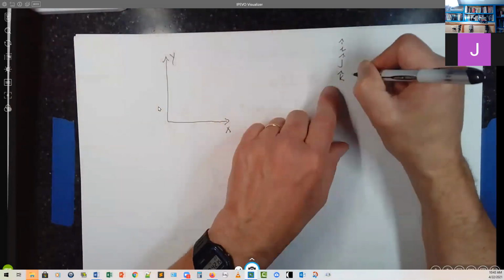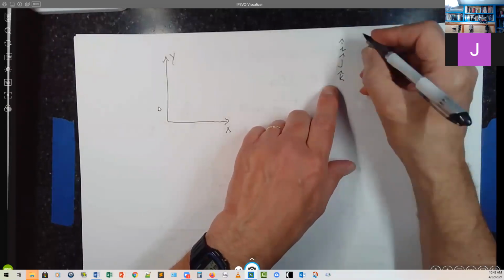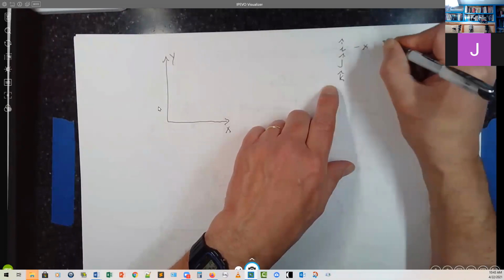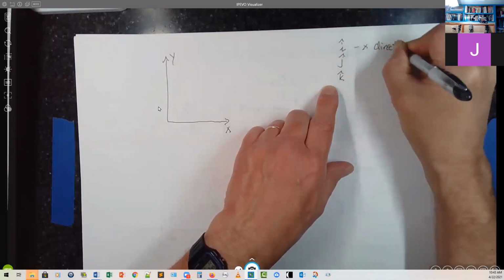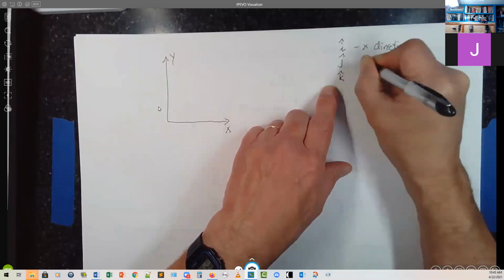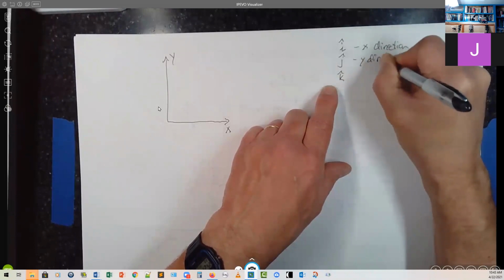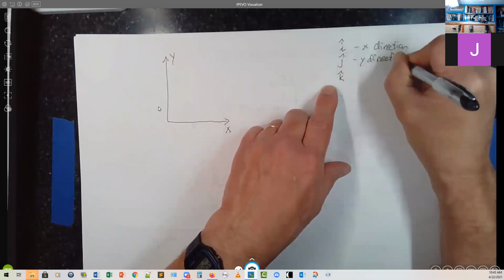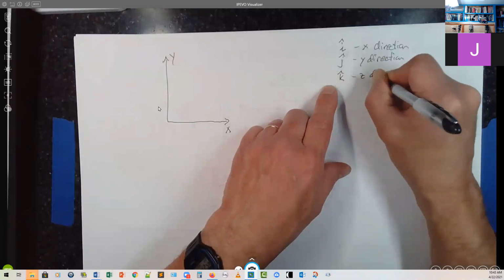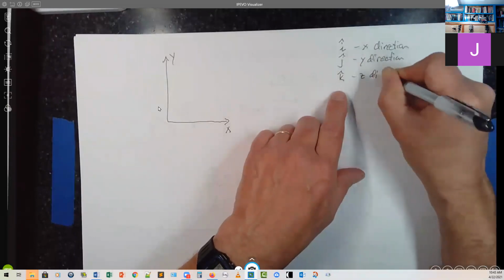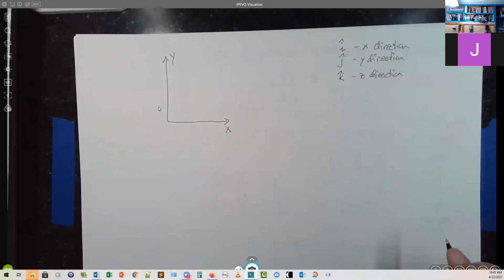We're never going to use a k hat. In fact, I'm probably not going to use these in here. But the i hat points in the x direction. The j hat points in the y direction in these more advanced classes. And k hat points in the z direction. We're never going to use a third dimension, but if you were using that third dimension.